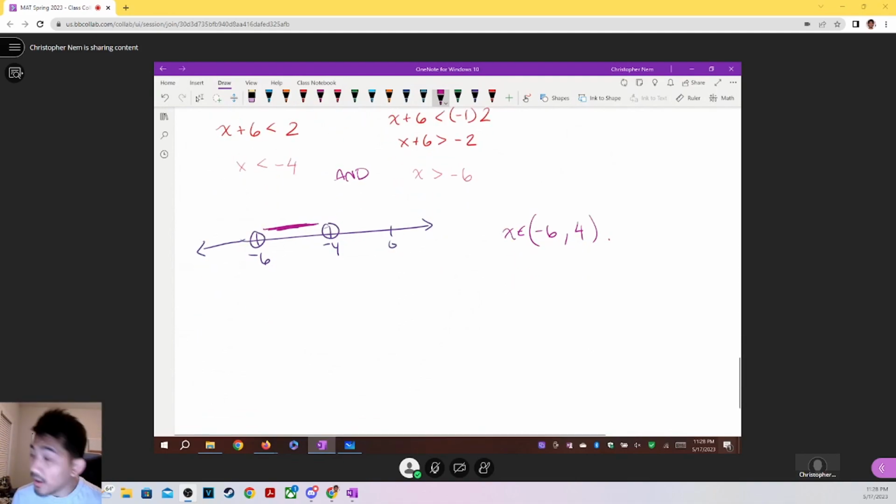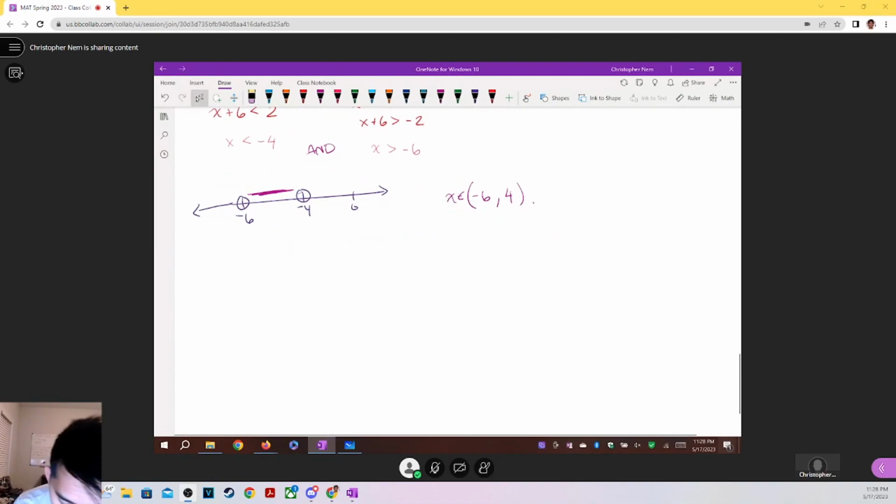And now, the last thing that we need to talk about is what if I had some crazier stuff? But before we even do that, let's actually formalize how we solve absolute values. How to solve. Isolate the absolute value to one side of the equation or inequality.